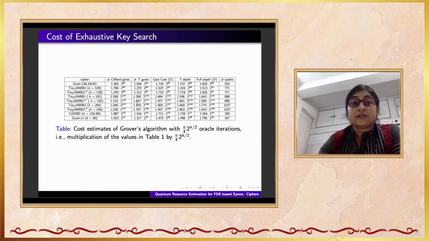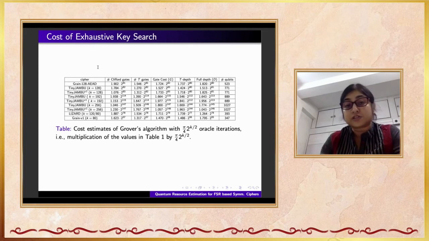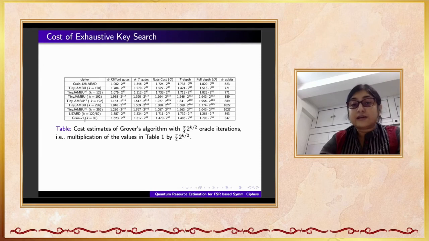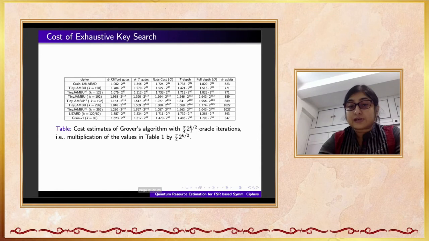This is the table for cost estimation in the case of exhaustive search. In exhaustive search, what we did here is multiply the first table, table 1, with this factor pi by 4 into 2 to the power k by 2. Why did we do this?